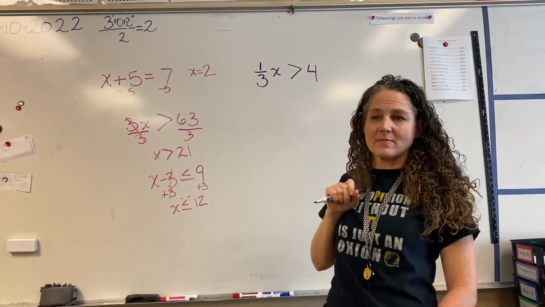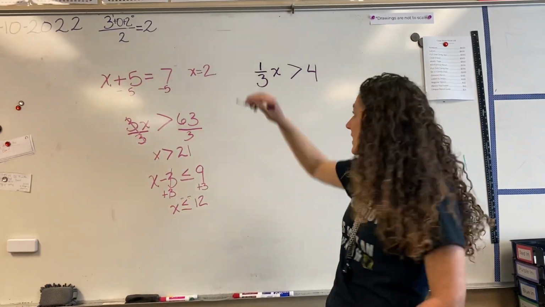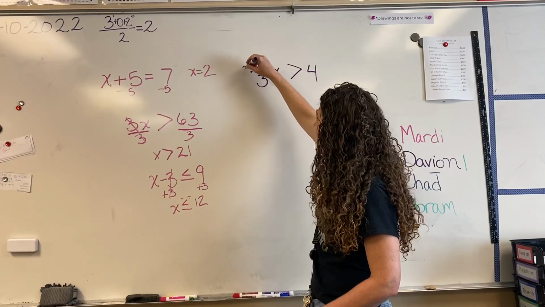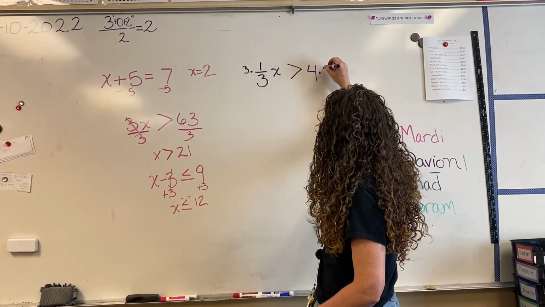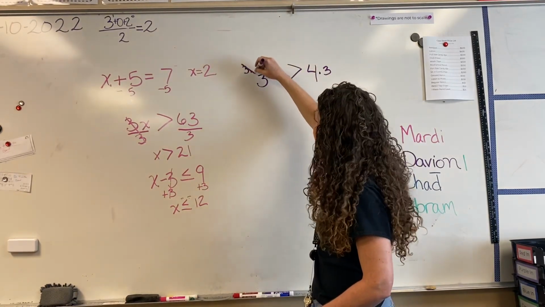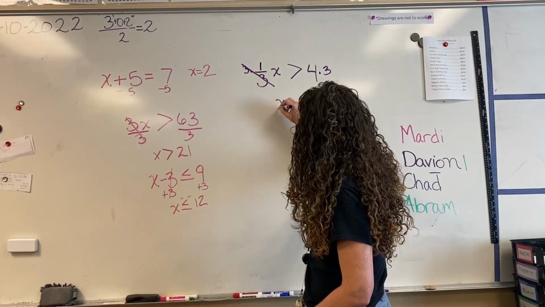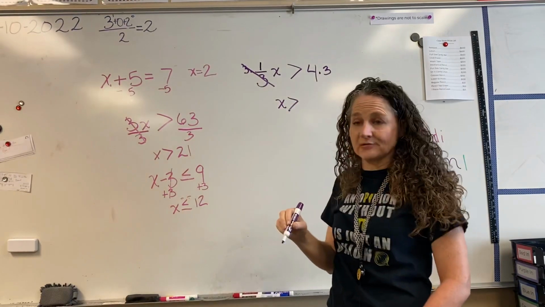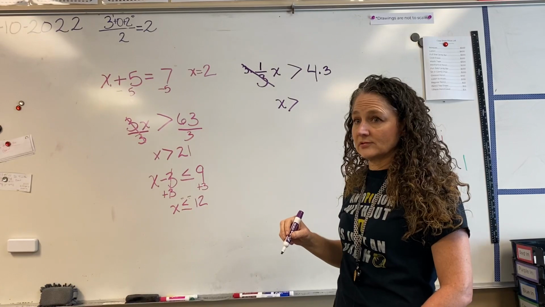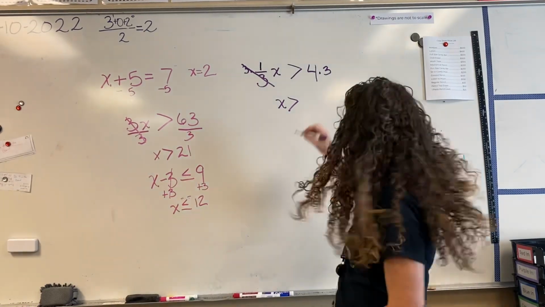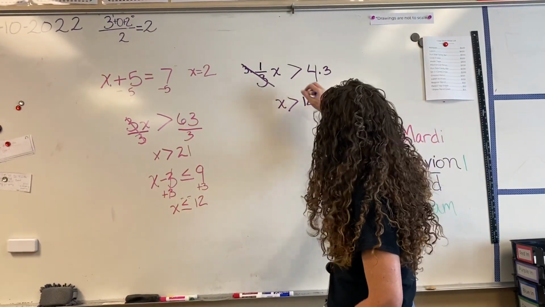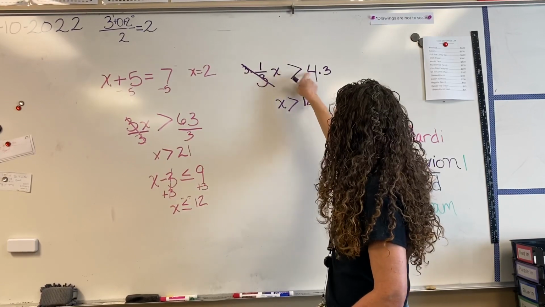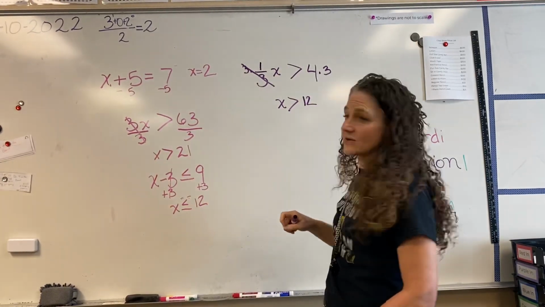What should I multiply by to get rid of it? 3. So I'm gonna multiply it by 3, and I'm gonna multiply it by 3. This cancels. x is greater than, what's 4 times 3? 12. When x is greater than 12, then 1/3 x is greater than 4.